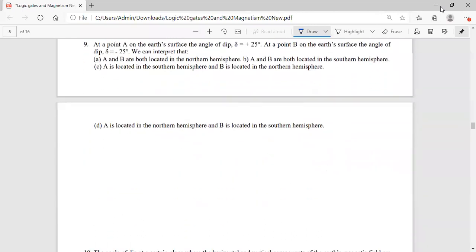Next, at a point A on the Earth's surface, the angle of dip is plus 25 degrees. At a point B on the Earth's surface, the angle of dip is minus 25 degrees.